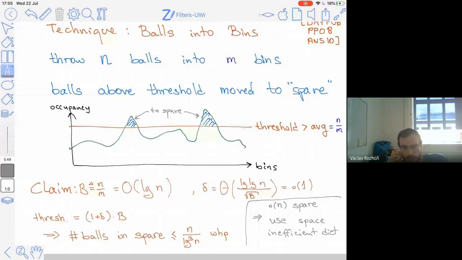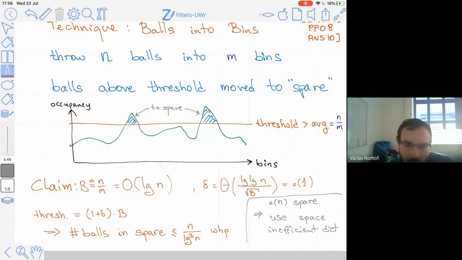This means your spare is storing little o of n elements, and therefore you could implement the spare using a dictionary which is not necessarily space efficient, because you have a lot of slack here with the log cube. Okay?